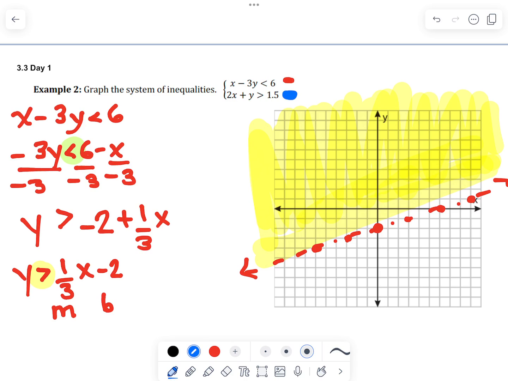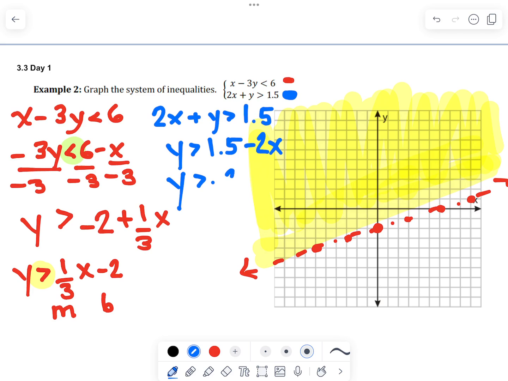The second inequality also has to be converted to slope-intercept form. So we subtract 2x from both sides, and then interchange the terms on the right side. Now our slope is -2 and our y-intercept is 1.5.